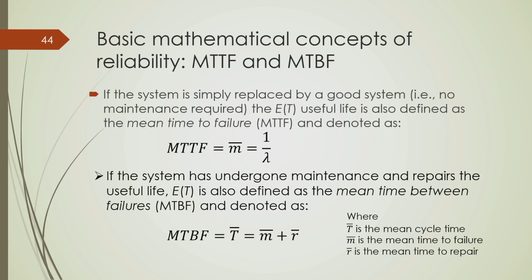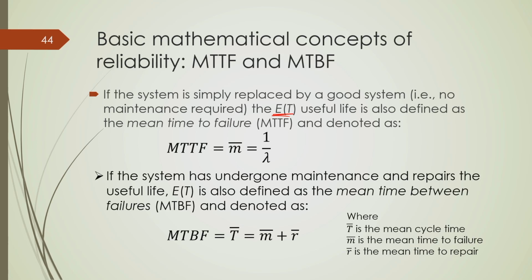Now, we will talk about a single system and its E capital T, that is the useful life or expected life, over which the system will survive or work satisfactorily. So, what would be that E capital T?